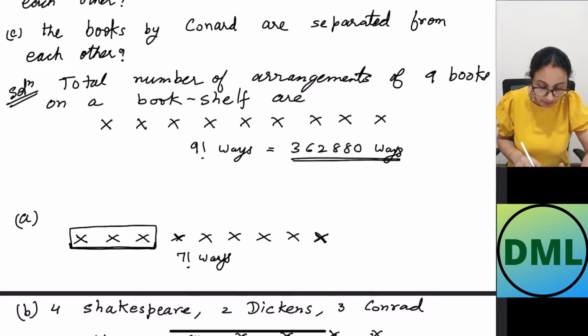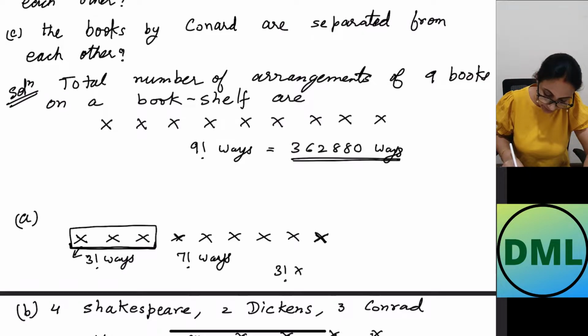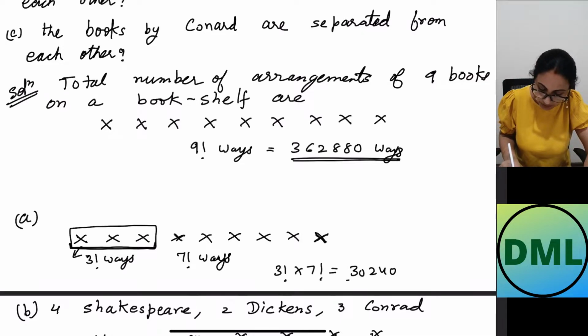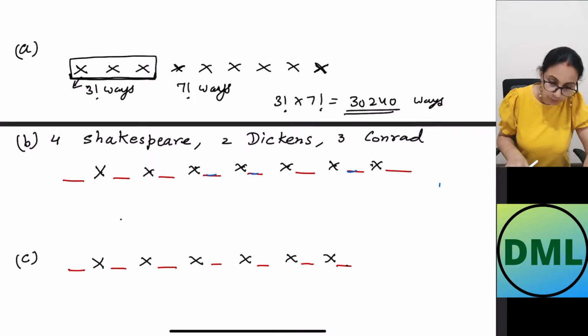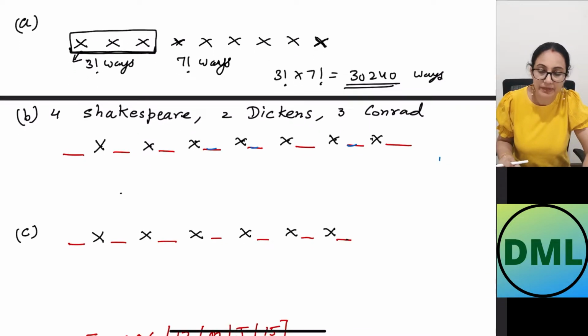Now I need to arrange the 3 Conrad books also. So these 3 books can be arranged in factorial 3 ways. So the total number of ways is factorial 3 multiplied by factorial 7, which equals 30240 ways.